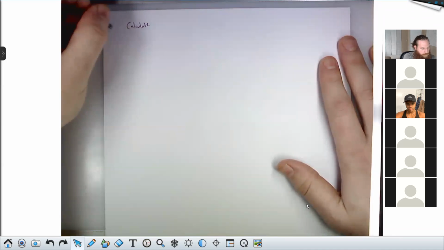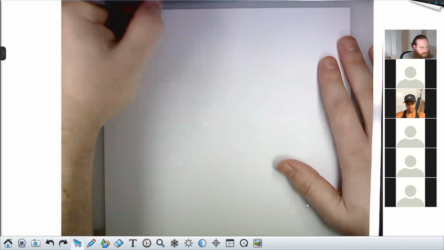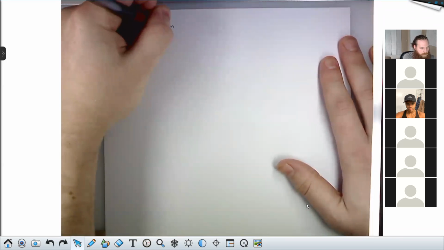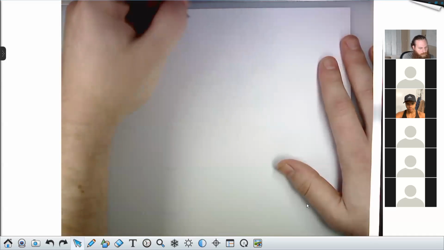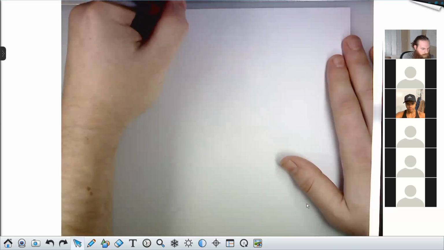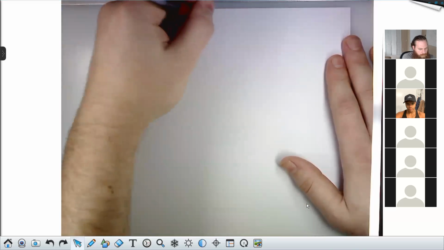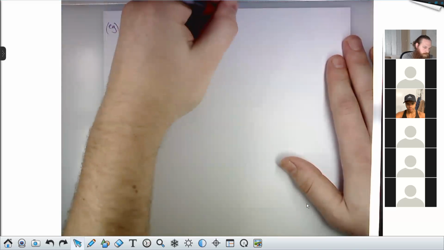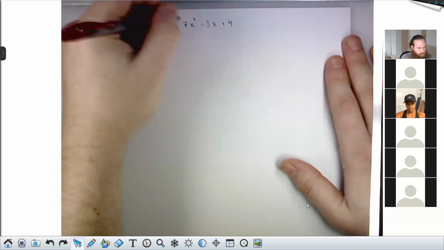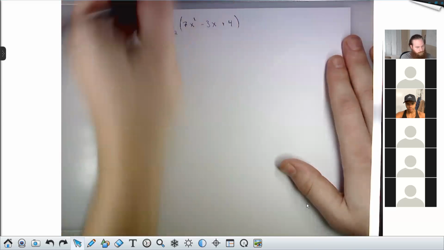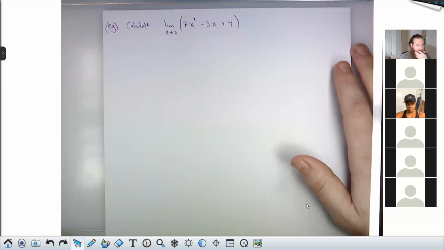So this is an example: calculate the limit as x approaches 2 of 7x squared minus 3x plus 4. Two ways we could approach this.